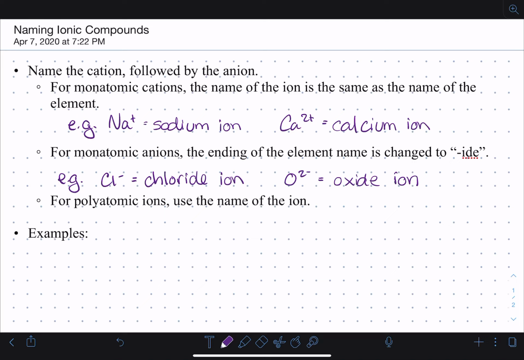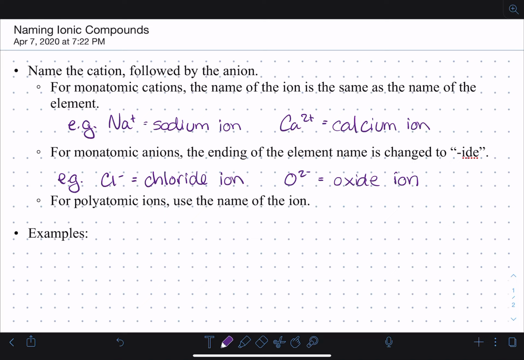Exactly what you replace is basically whatever sounds normal, and you get a feel for that as you go along. Don't stress about it too much, as long as you're getting the point across that you're replacing some part of the element name with -ide. But with oxygen, do I replace just the last syllable?